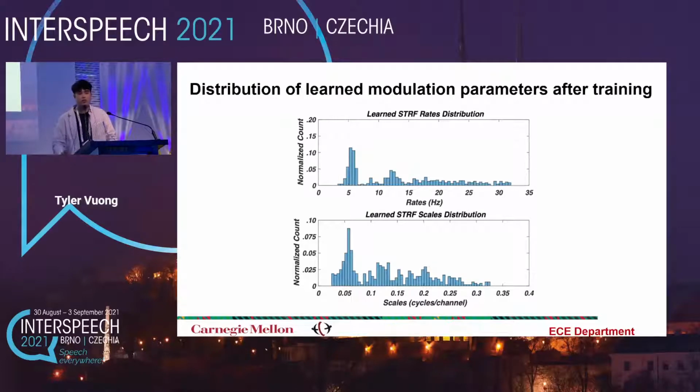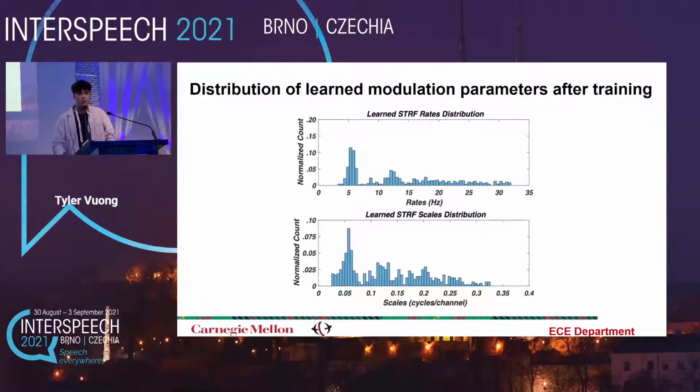There's a lot of research that has shown that if you analyze temporal modulations, you can even just bandpass filter the signal around the 2 to 8 hertz range, and you can get a more robust representation since speech is highly concentrated around slow temporal modulations. And it was nice to see that the STRF kernels also converge to something similar.